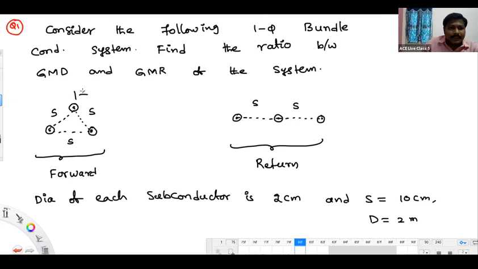I'm showing that capital D here. This is that capital D. Kindly look at this.